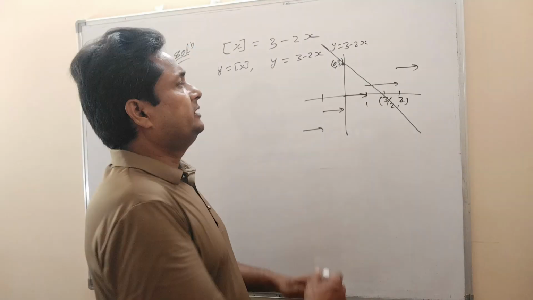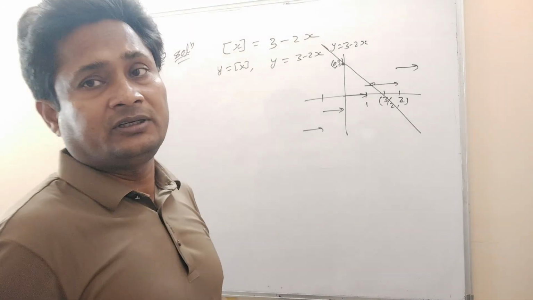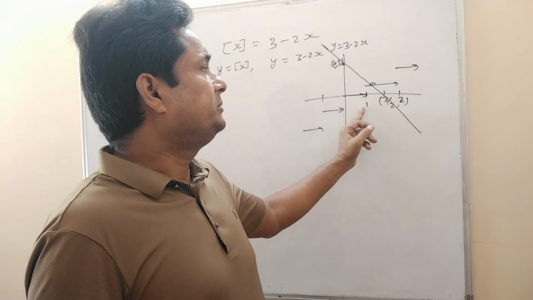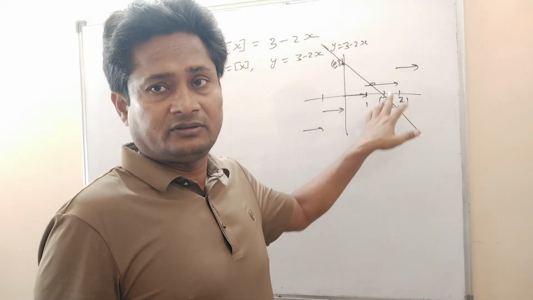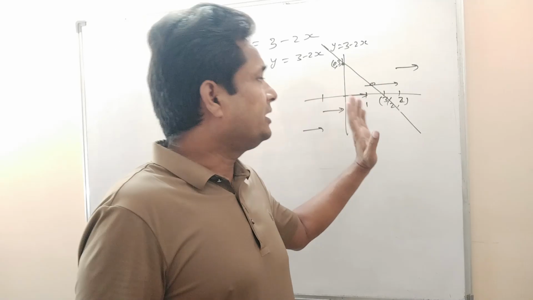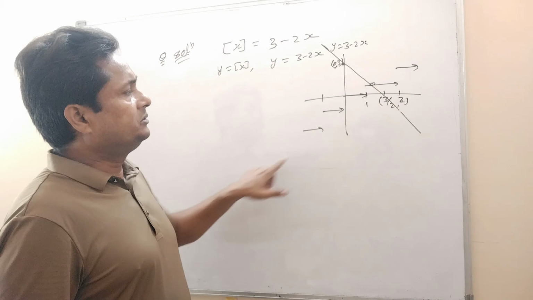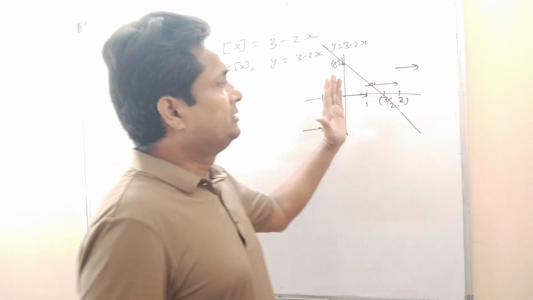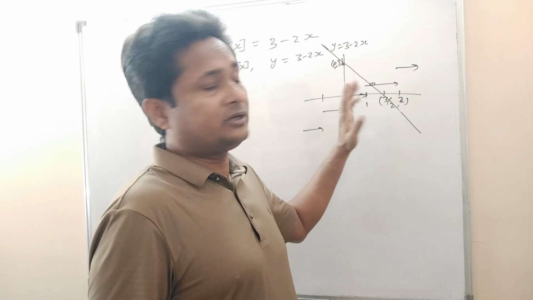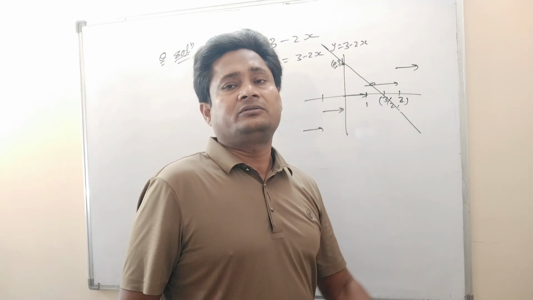Maybe this is the intersection point, and it lies somewhere between 1 to 2. On this side there is no intersection, so we are getting the intersection point only to the right of x equal to 0.